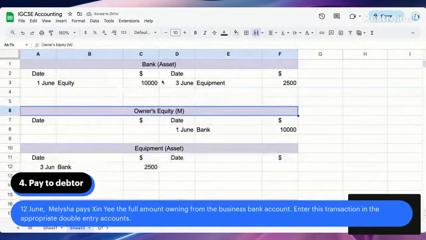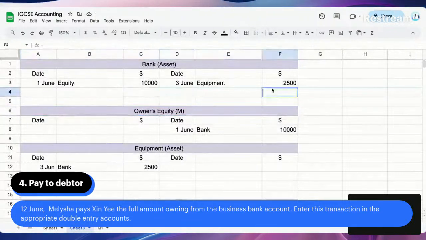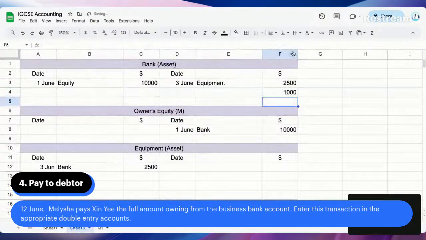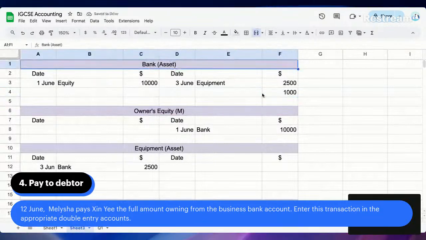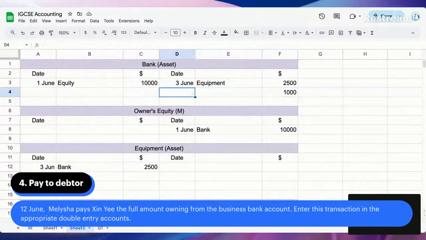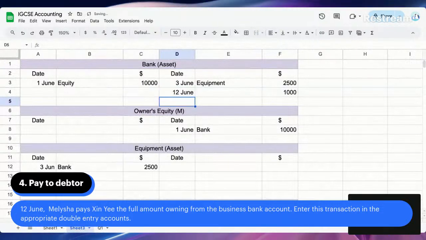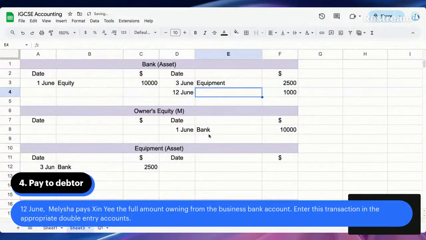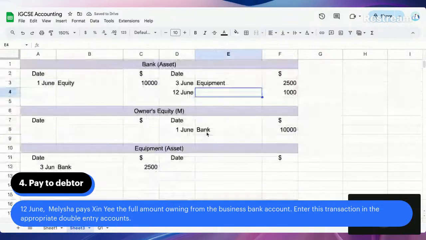Okay, in the bank account, we have to reduce 1,000. Here, remember, an asset reduction has to go in the credit side. When did it happen? It happens on 12th of June. And then pay to who? Pay to Cindy.